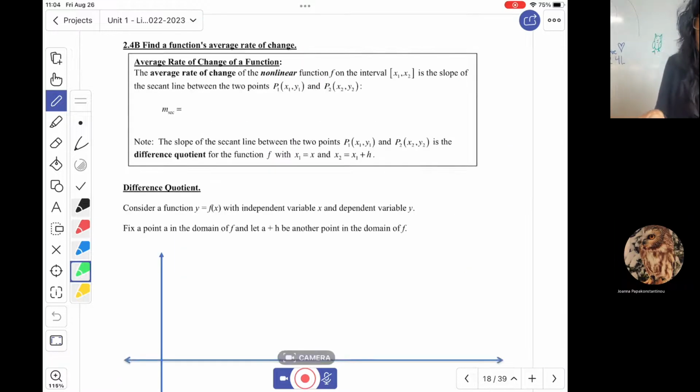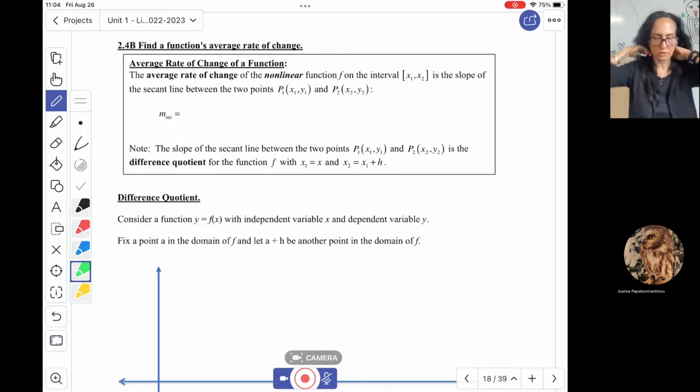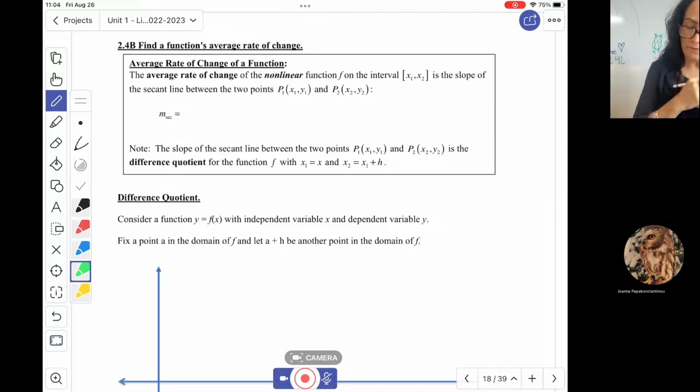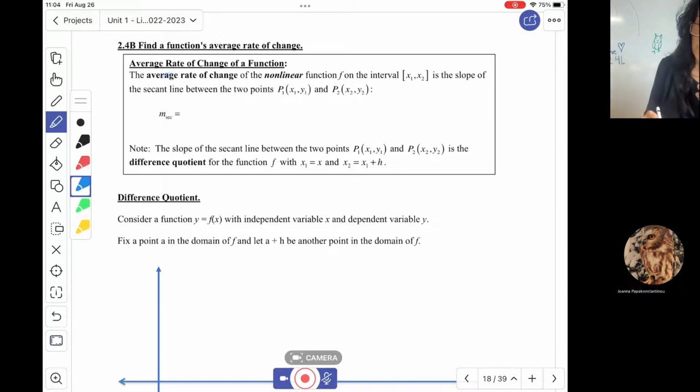So let's define the average rate of change using function notation, and then we're going to graph it just to make sure we really understand. So the average rate of change of a nonlinear function on this interval, from x1 to x2, is the slope of the secant line between those 2 points. So I'm defining my points. Point 1 has an x and a y value.